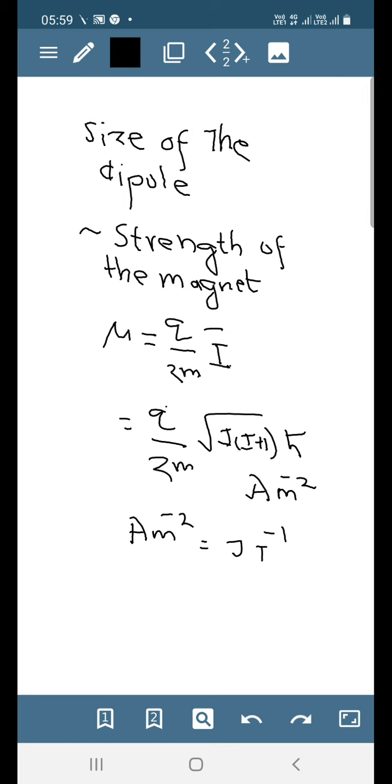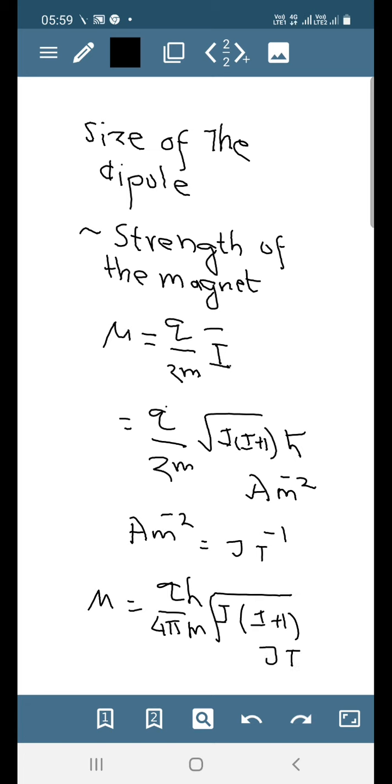The magnetic moment mu can be written as Q h by 4 pi m root I into I plus 1 joules per Tesla.